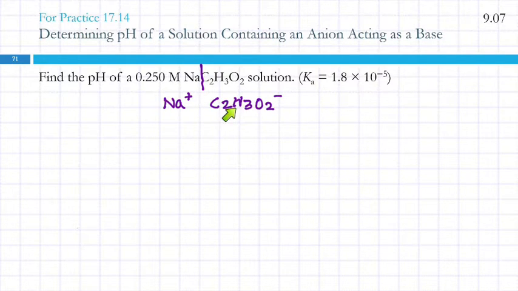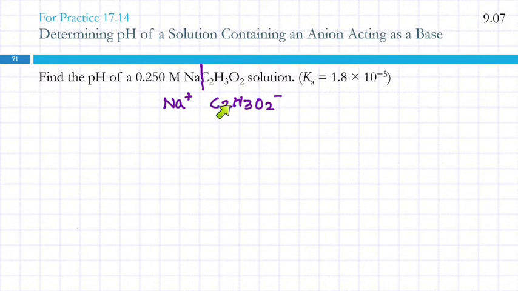I hope you recognize that as acetate, but if you don't, it's okay. The metal is all by itself. Everything else is the anion. Okay, so we've got this anion. Is the sodium going to do anything? No, it was just there as a counter ion.